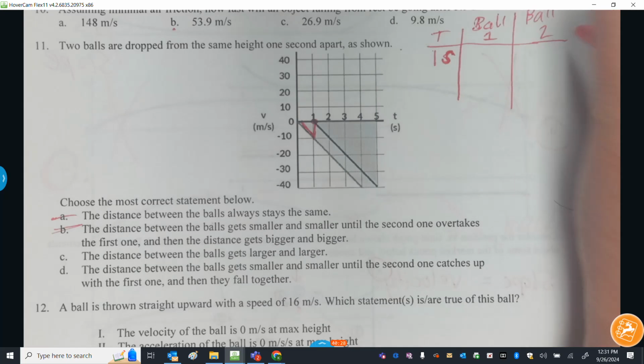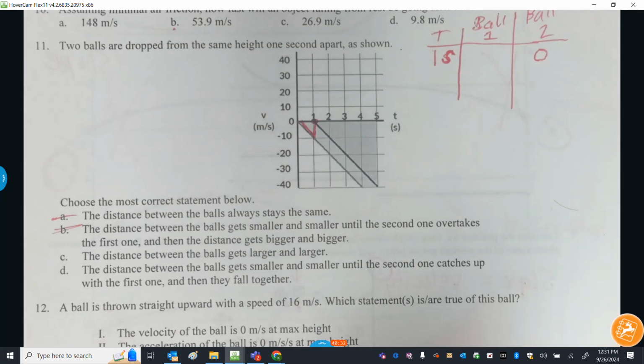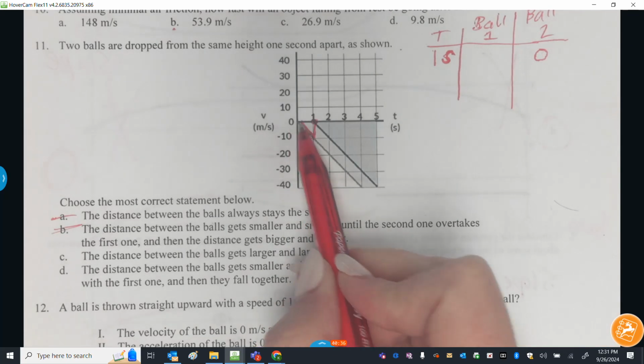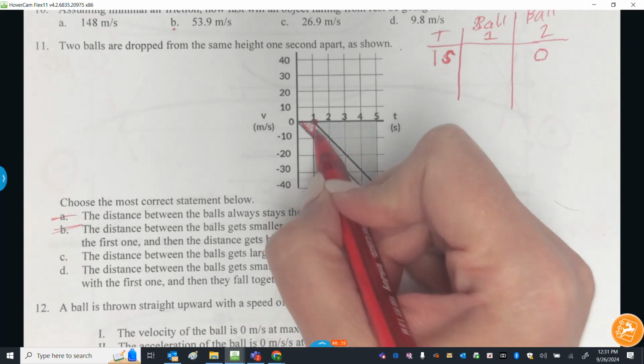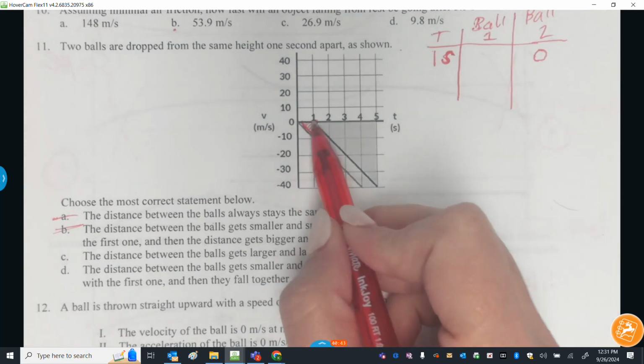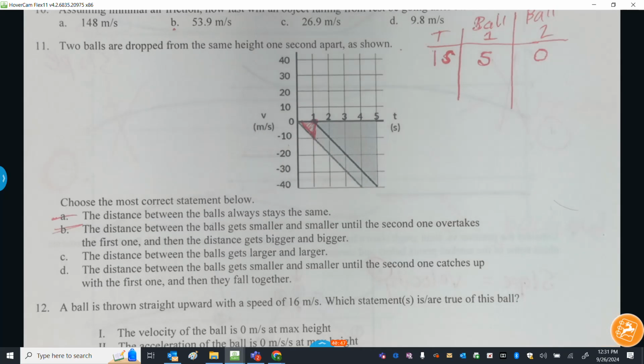Ball 2 at 1 second is at 0. That's the point at which it's dropped. Ball 1, the first one that gets dropped, after 1 second, has traveled whatever that area is. 1/2 base times height, that's 1 times 10, so half of that is 5. So it has fallen 5 meters. So they're 5 meters apart after 1 second.